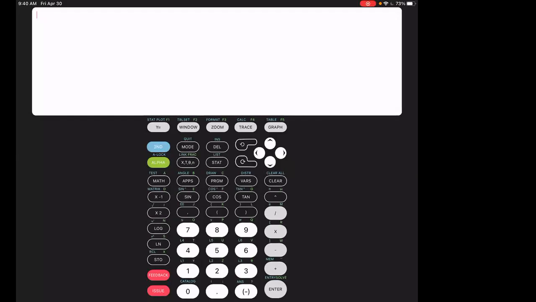But now you have a free one that this district bought for all of us to use on the iPad. So please, those of you at home, please make sure you install Calculate 84 on your iPad unless you have a graphing calculator. So if you have a TI-84 graphing calculator, then you'll be able to use that.